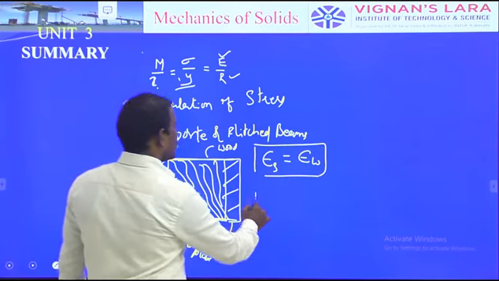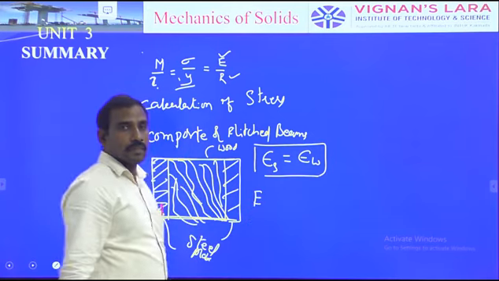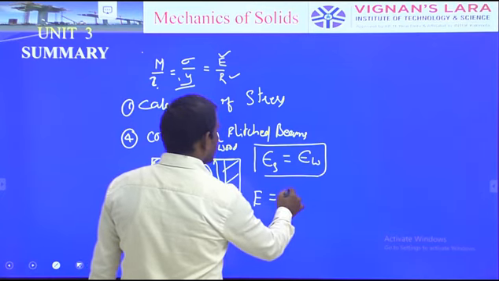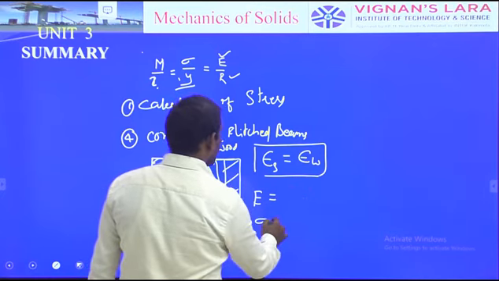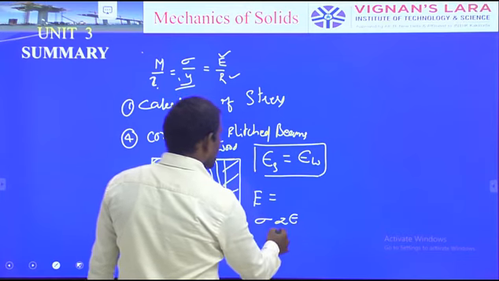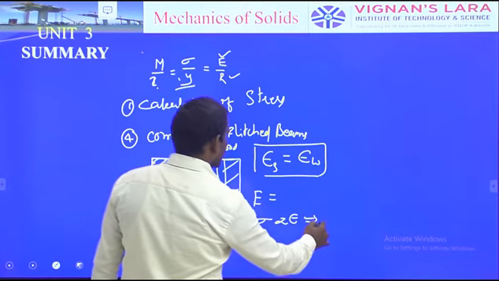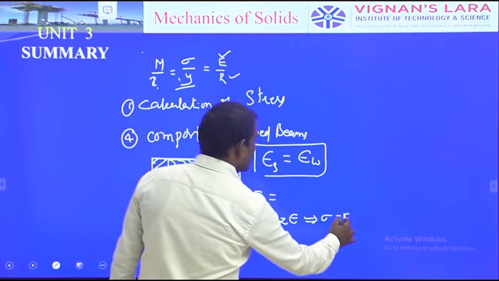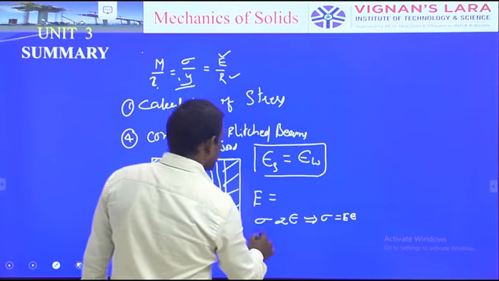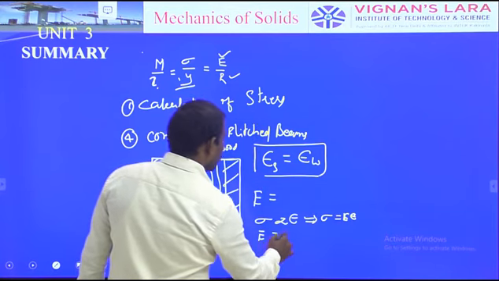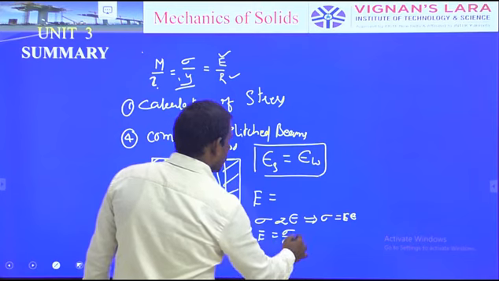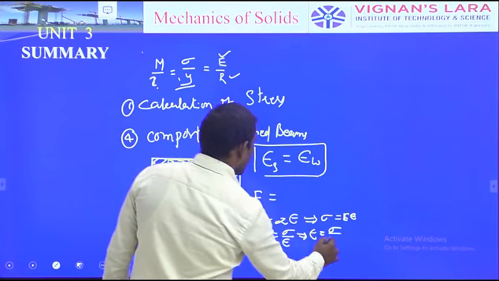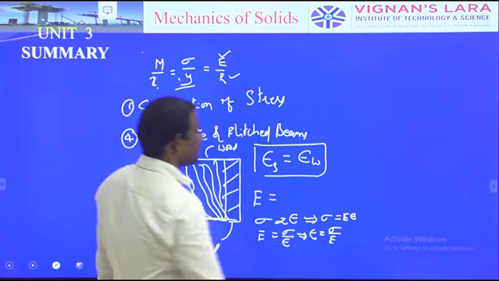As we know from Hooke's law, stress is directly proportional to strain. That is replaced by the constant of proportionality, so stress is equal to E into strain. From this equation, E is equal to stress by strain. From that, finally, strain would be rewritten as stress by Young's modulus E.